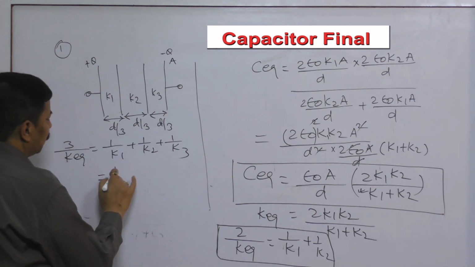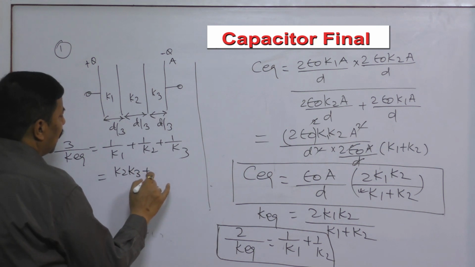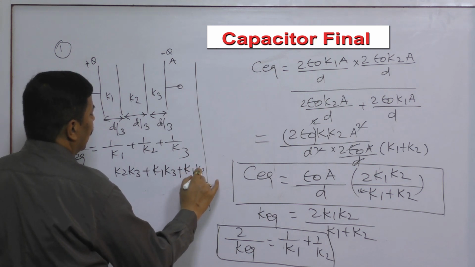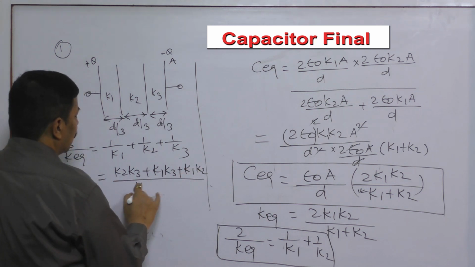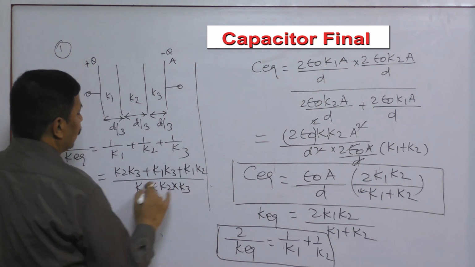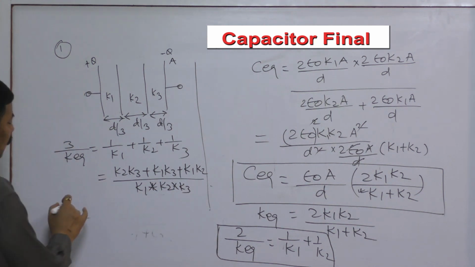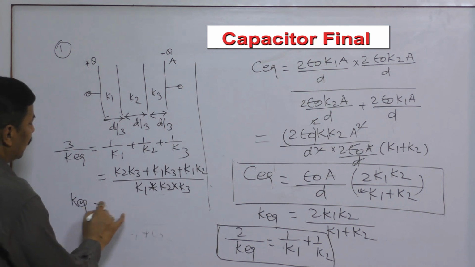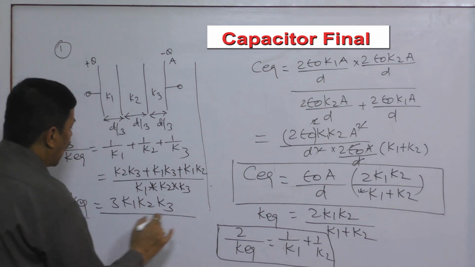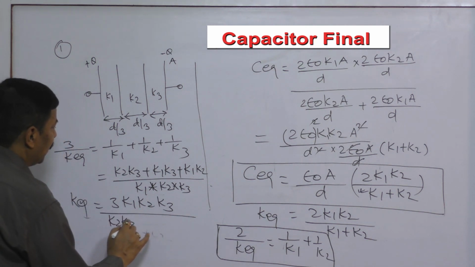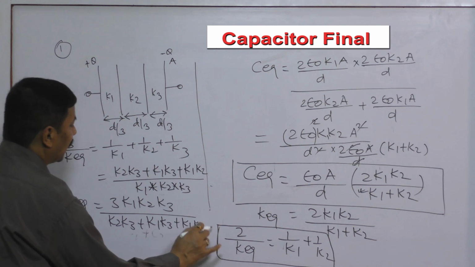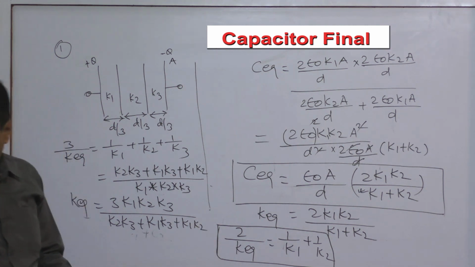This gives K2 K3 plus K1 K3 plus K1 K2 by K1 into K2 into K3. So K equivalent is 3 K1 K2 K3 by K2 K3 plus K1 K3 plus K1 K2. So this is the K equivalent we have found.